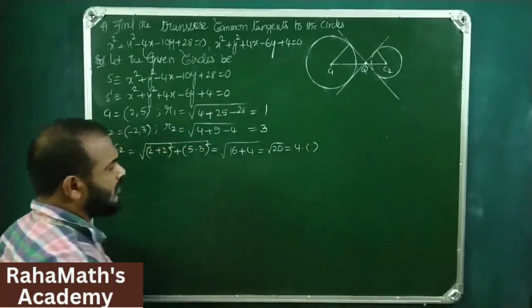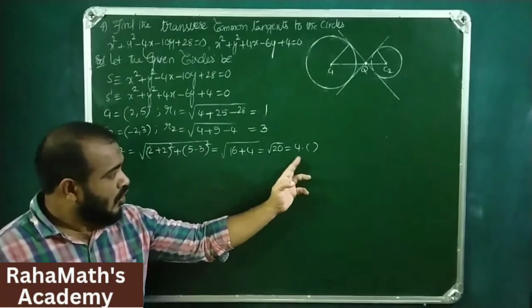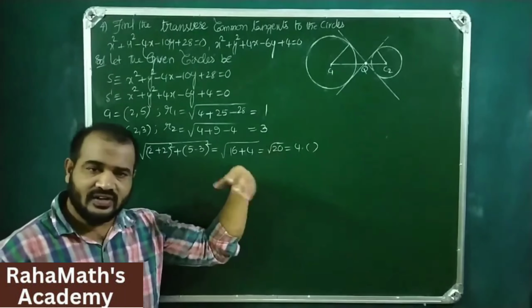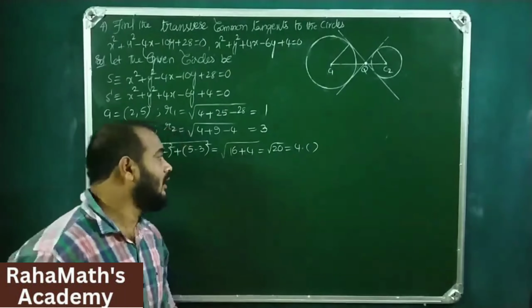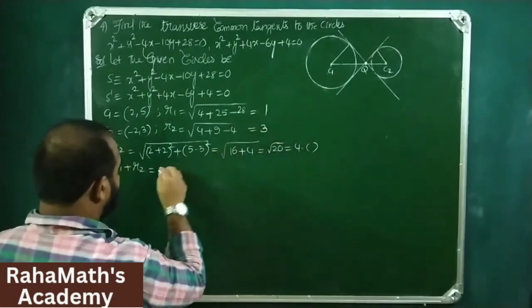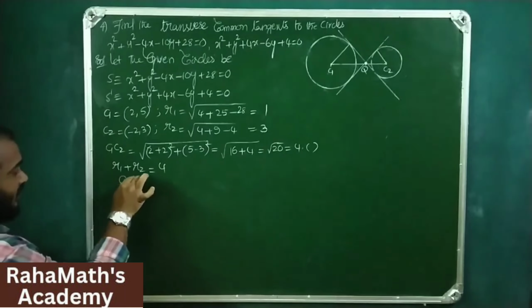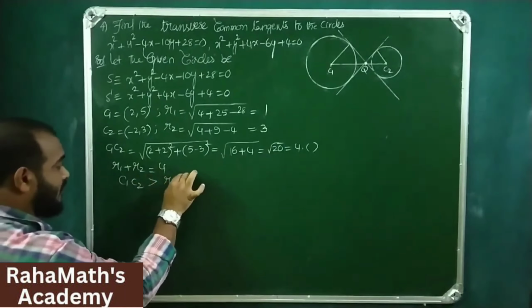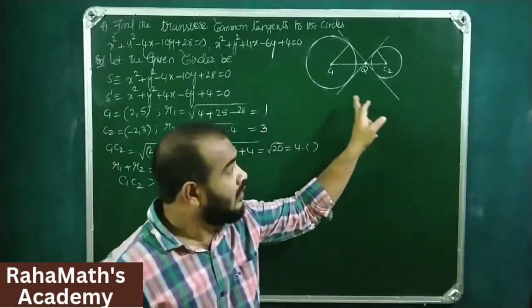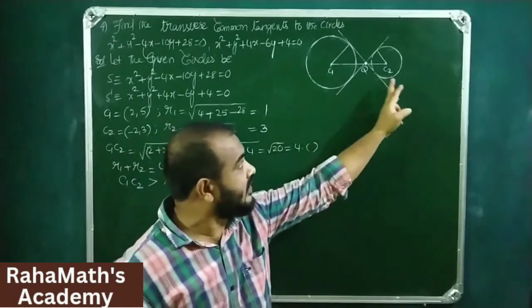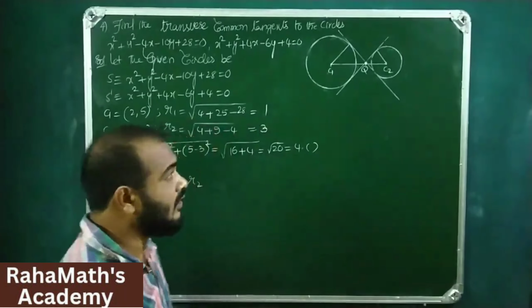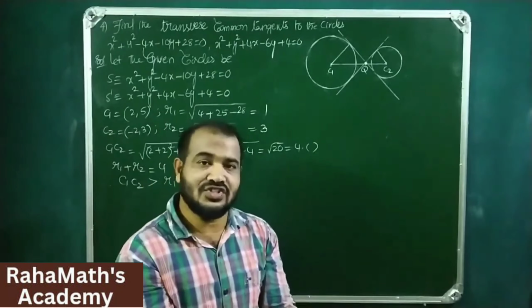I'm not concerned about the exact value of root 20. Root 16 is 4, root 20 is something more than 4, right? And what is R1 plus R2? R1 plus R2 is 3 plus 1, which is 4. Therefore, C1C2 is greater than R1 plus R2. So the relative position of the two circles will be like this: one circle lies completely outside the other. They neither touch nor intersect each other.